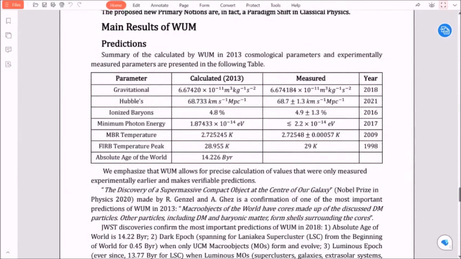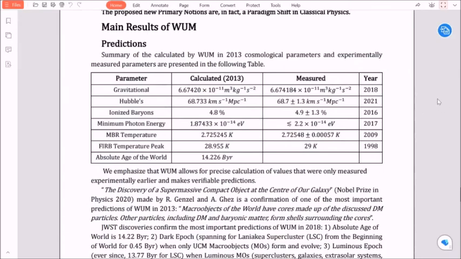Main results of WUM. A summary of the cosmological parameters calculated by WUM in 2013 and the experimentally measured parameters is presented in the following table. The gravitational parameter calculated in 2013 was measured in 2018 with the same accuracy.